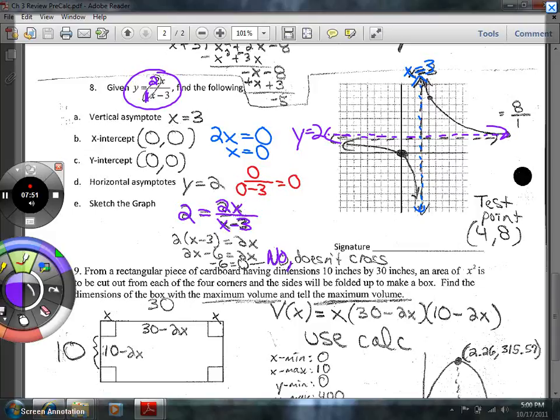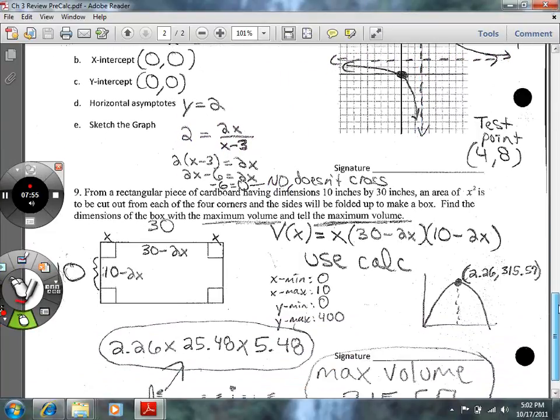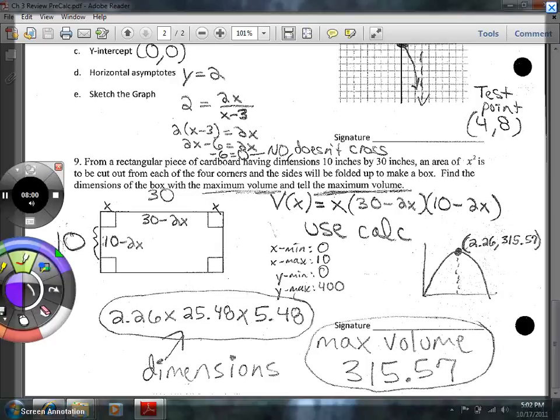All right, last problem, number 9, is you set up a volume, set up your function, and your function is going to be x, because that's going to be the depth of your box when you fold up the corners. Then we're going to have, in this case, 30 minus 2x, because that makes sense.